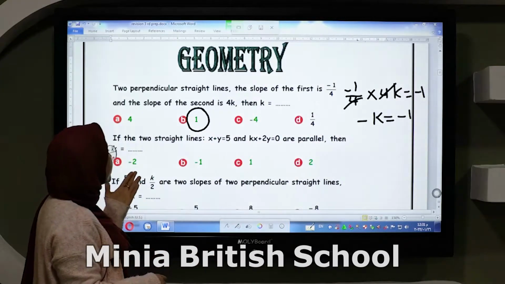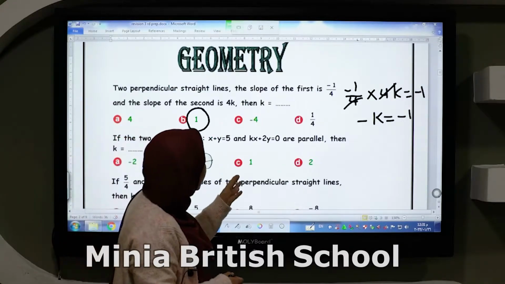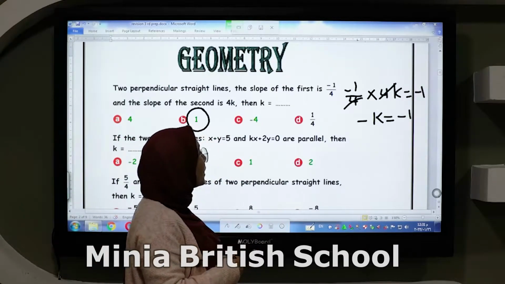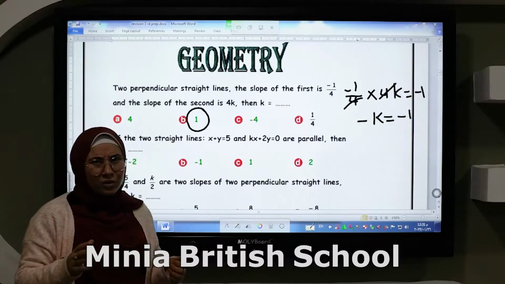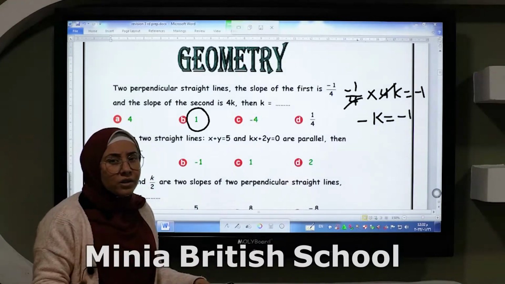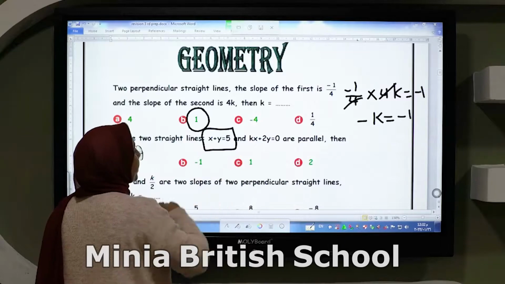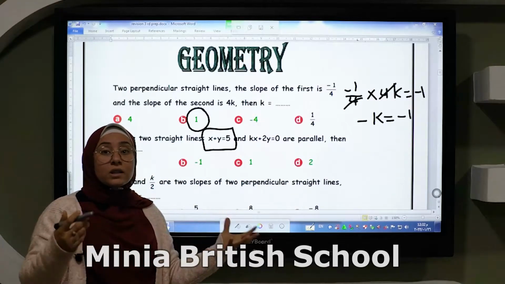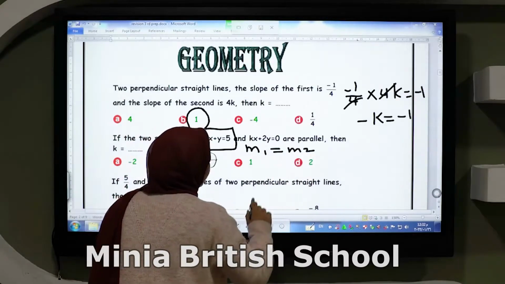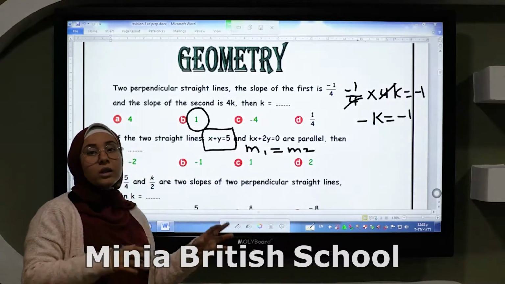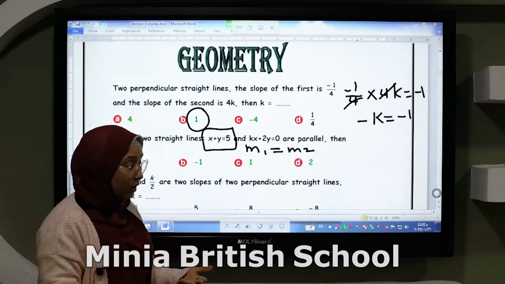Second one, if 2 straight lines x plus y equals 5 and kx plus 2y equals 0 are parallel, then k equals what? Okay, the slopes of 2 parallel straight lines are equal, and you have here the equation in this form. So the slope of the first one equals the slope of the second one. The slope of the first one is negative coefficient in x divided by coefficient in y.